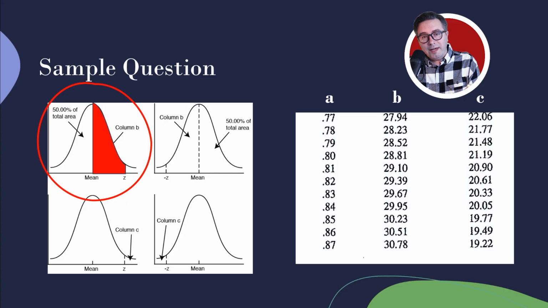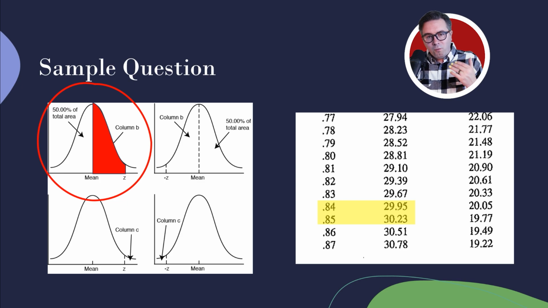When we look at the table, 30 doesn't come up, but we get 29.95 and 30.23, which means the z is somewhere between 0.84 and 0.85. Which one is it closer to?